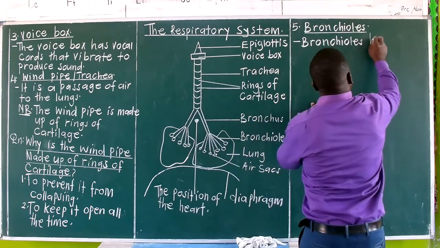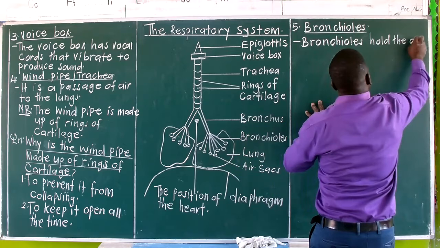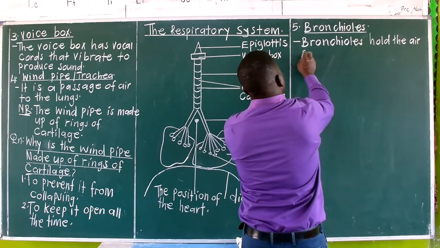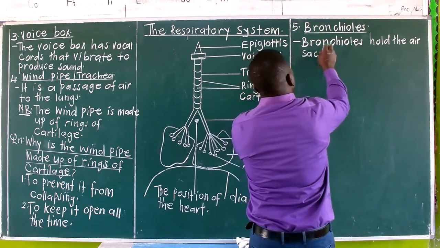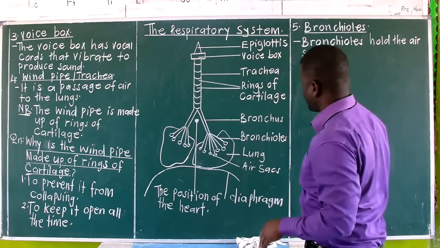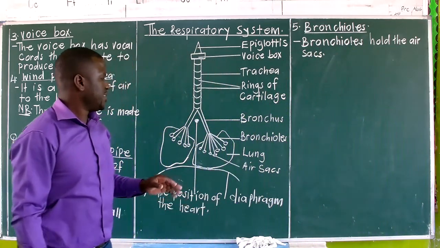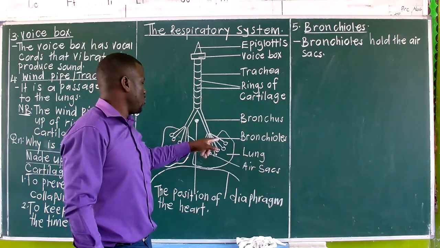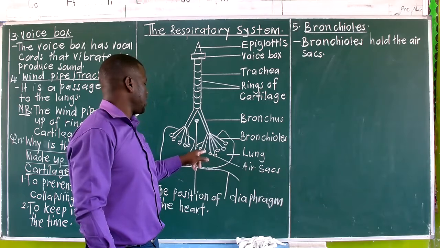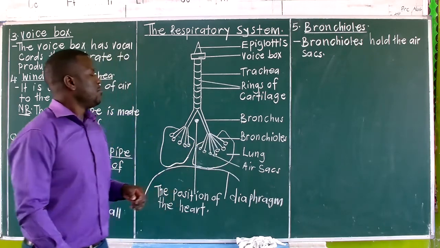So these are what you call bronchioles. Their function is to hold the air sacs. These ones are what you call air sacs. They are held by bronchioles.